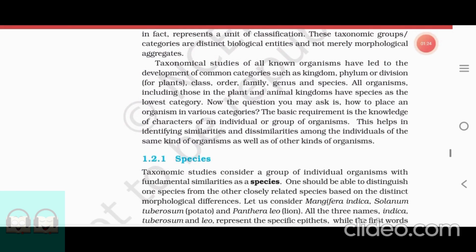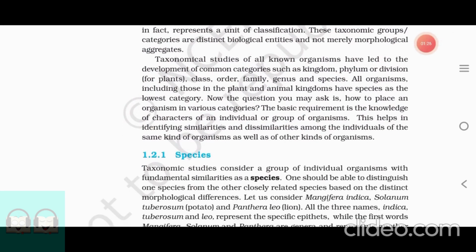Taxonomical studies of all known organisms have led to the development of common categories such as kingdom, phylum or division, class, order, family, genus, and species. All organisms, including those in the plant and animal kingdoms, have species as the lowest category.